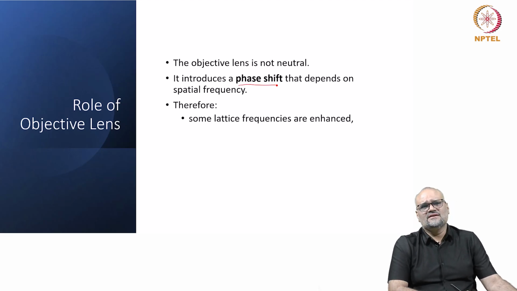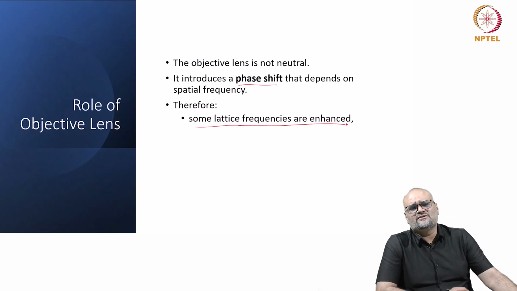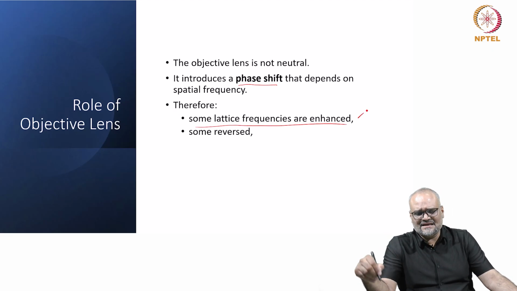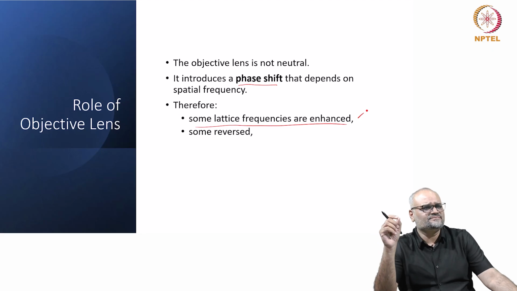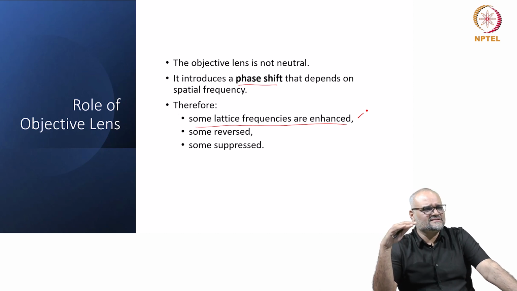So, when I have an HREM micrograph, you have some lattice frequencies which are enhanced and some which are reversed, so they appear darker. The ones which are enhanced start appearing like bright spots, and the ones which are reversed appear as dark spots. And then changing the defocus can completely invert the contrast as well.